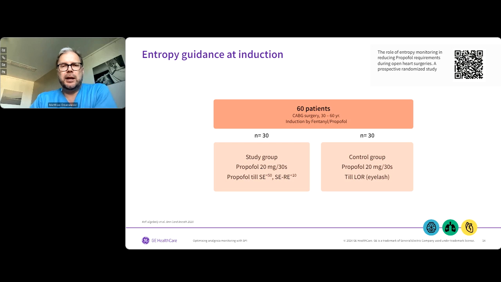For the induction, there are certain studies that we can use, and here we have patients at risk. So this is all CABG surgery. The induction of anesthesia has been done with fentanyl and propofol. We use neuro monitoring, EEG monitoring here, state entropy and the state-response entropy difference, for the induction phase.